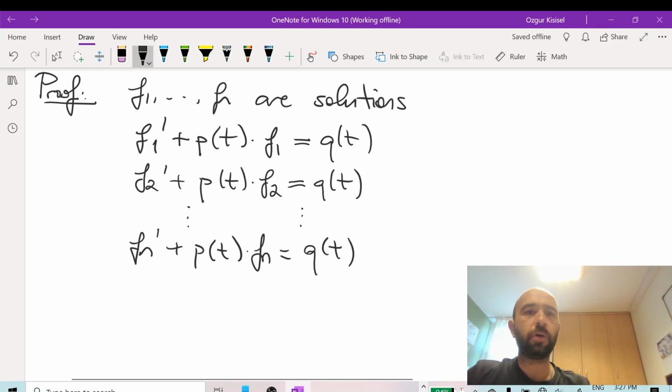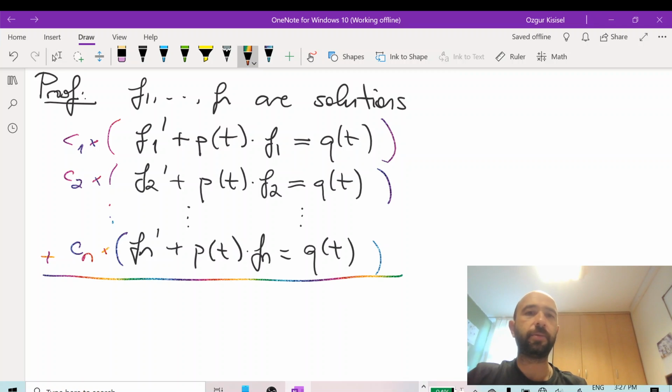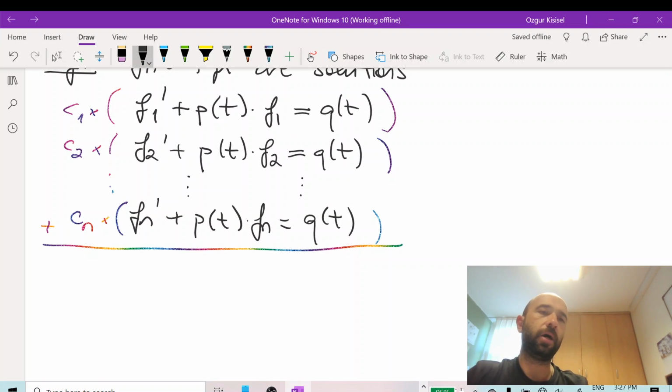Now we'll just multiply the first equation by c1, the second by c2, so forth, the nth by cn, and add them up. Then group the terms together. Fortunately, derivative goes through sums, and also constants can be put inside derivatives.